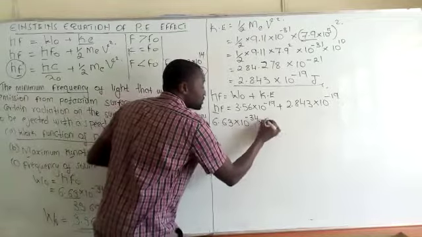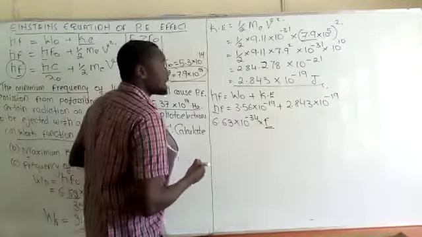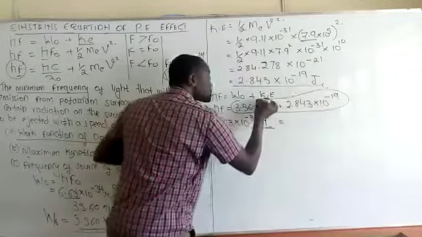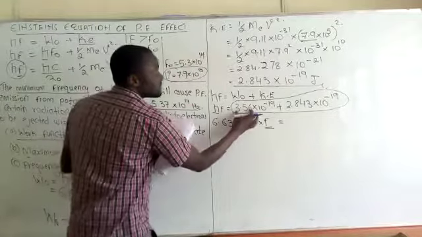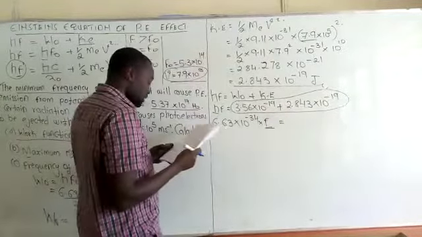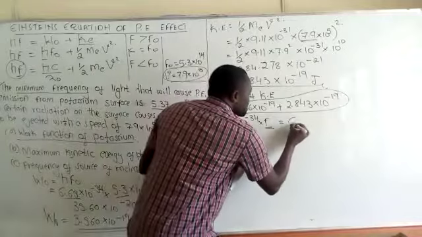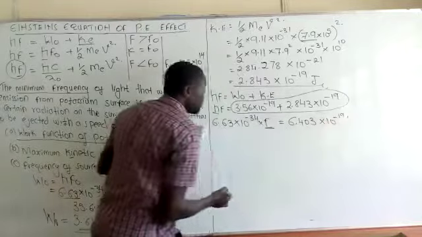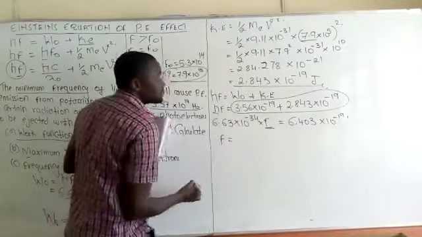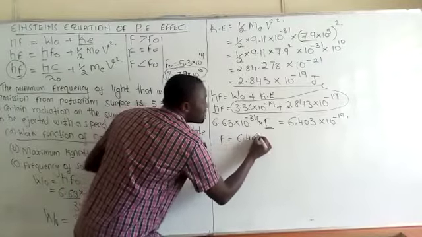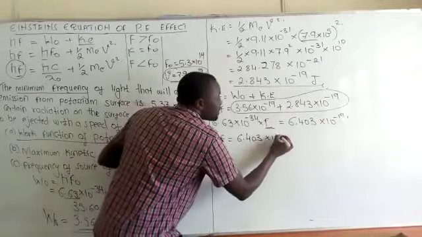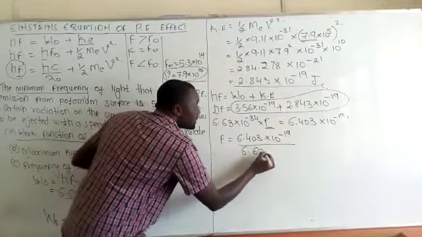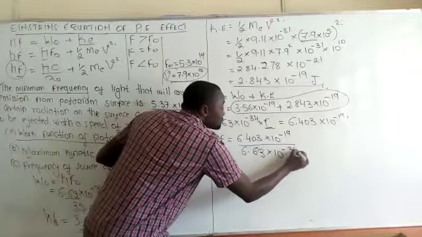We multiply by the frequency of the radiation, which we want to determine. On adding this total energy, 3.56 plus 2.843, we get 6.403 times 10 to the power negative 19, and therefore f, the frequency, will be 6.403 times 10 to the power negative 19 divided by Planck's constant, 6.63 times 10 to the power negative 34.